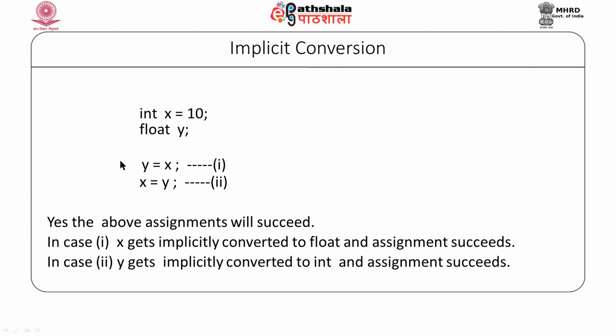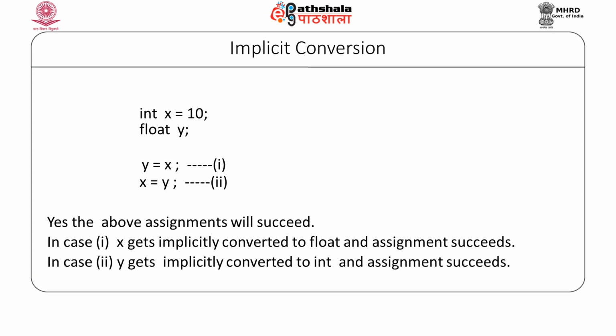Only integer can be assigned to integer, float can be assigned to float. In this case, x is integer and y is float. So, it is not that integer is getting assigned to float, x is implicitly getting converted to float and then that converted float value is getting assigned to the float variable. Similarly, here y is implicitly getting converted to int and that int value is getting assigned to an integer variable.